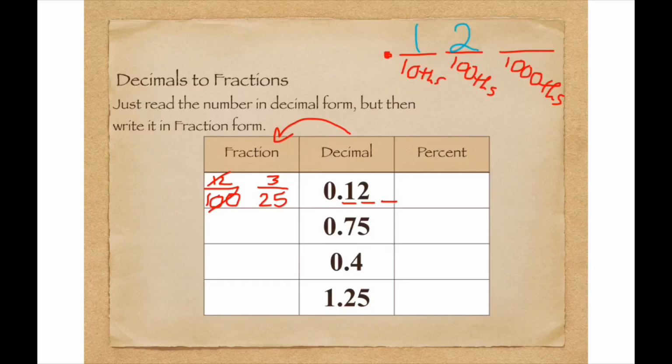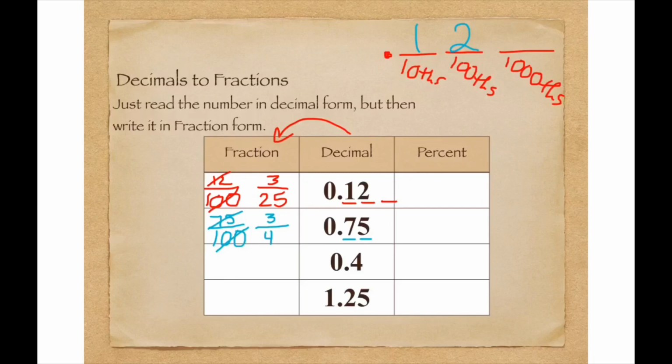We'll have 0.75, well, 7 is in the tenths spot, but the 5 is what we're going to read, so that's going to be hundredths again, right? 75 hundredths, we go ahead and write it like that, 75, but now we put it in fraction form, 75 over 100. And we reduce it. 25 goes into 75 3 times, 25 goes into 100 4 times, and there's our fraction, 3/4.